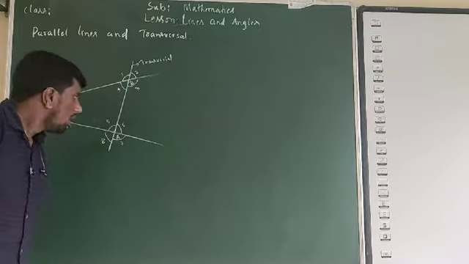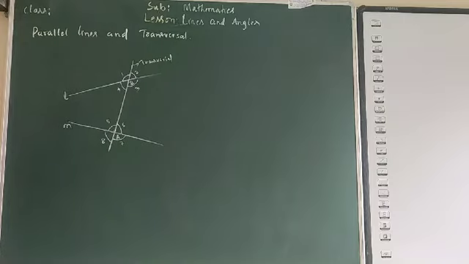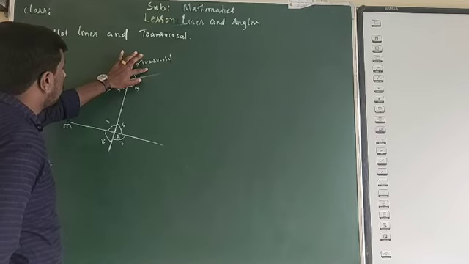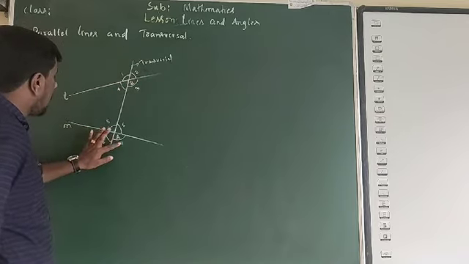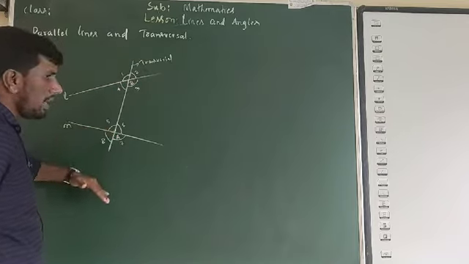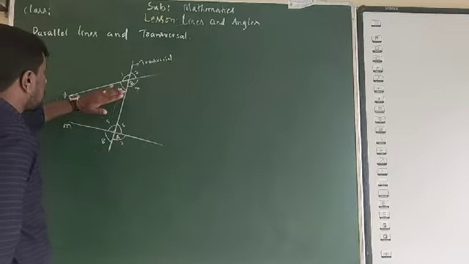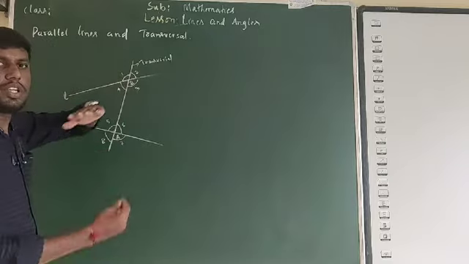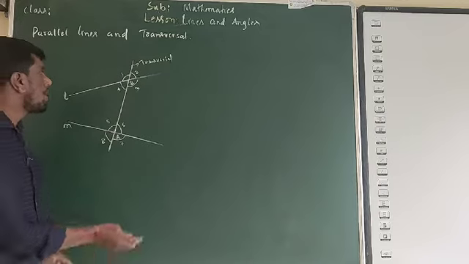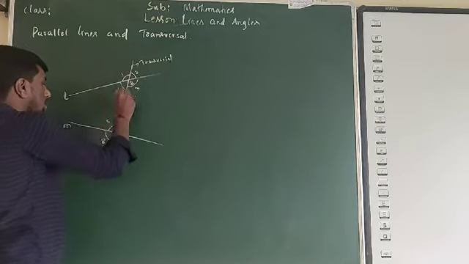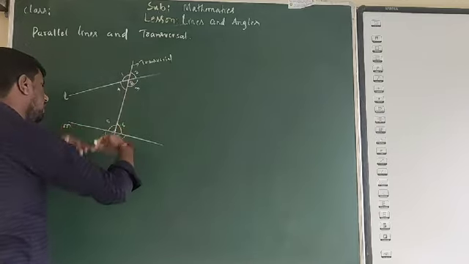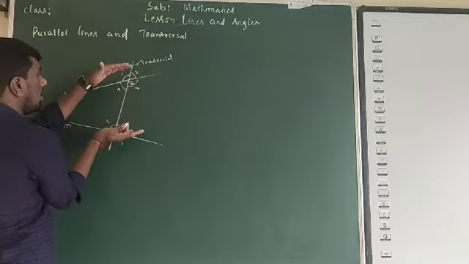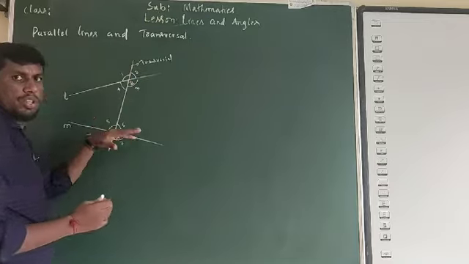Now we know that angle 1, angle 2, angle 8 and angle 7 are in the exterior of these two lines. Exterior means the outside, right? You can observe that angle 1, angle 2, angle 8, angle 7 are outside these two lines and the transversal.